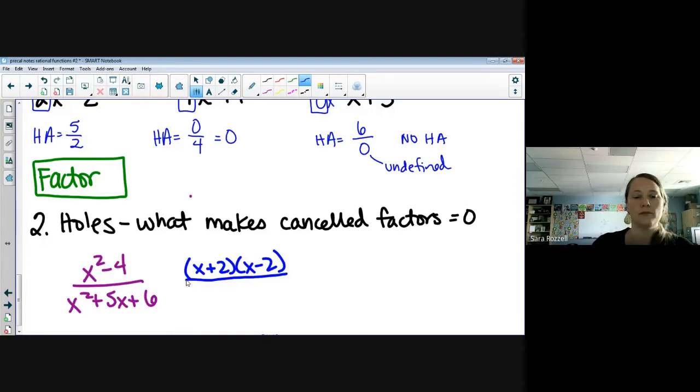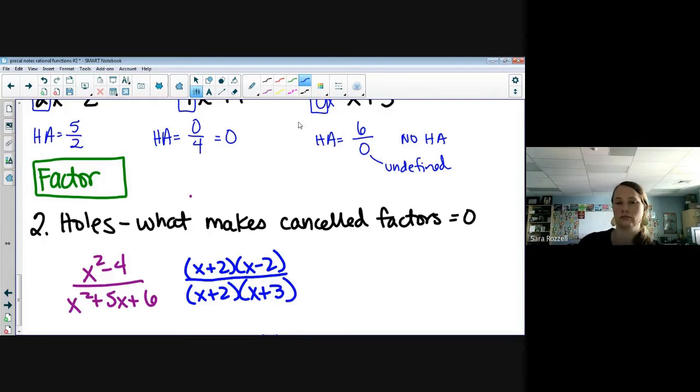And what are our two things that multiply to 6 and add to 5? 2 and 3. So x plus 2, x plus 3. So what is going to get canceled out in this problem? The x plus 2. So x plus 2 gets canceled out. That's gone.